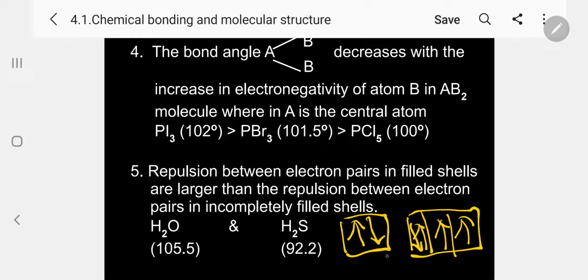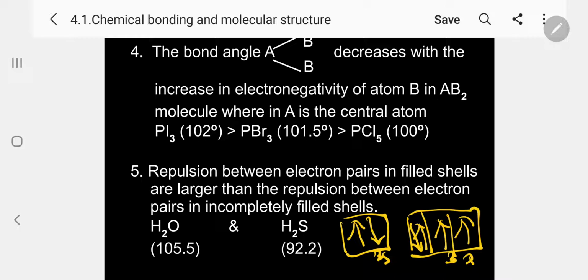Suppose it is sulfur, it is 3s 3p, then 3d empty. Kindly follow. So hydrogen sulfide is incompletely filled, oxygen is completely filled. So what does the postulate say? Repulsion between lone pair and bond pair. Here only the unpaired electron will form a bond.